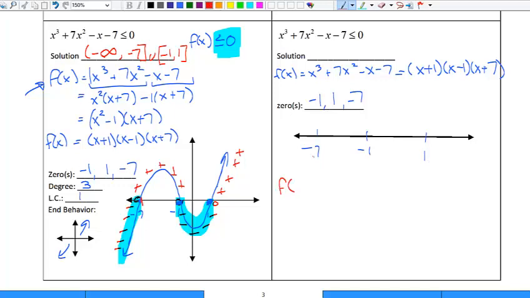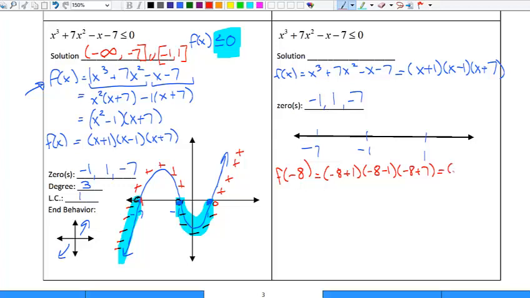So I'll pick something to the left. I need to pick something to the left of -7. I'll pick -8. Now I could plug this into the original, or I could plug it into the factored. Either one will work. I'm going to go ahead and try the factored just because it looks like it might be a little bit easier on me.